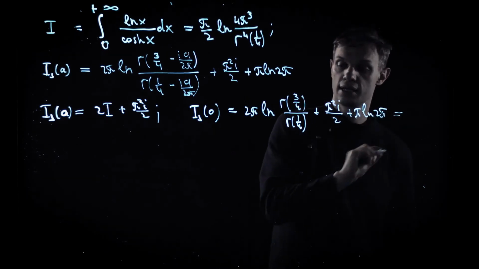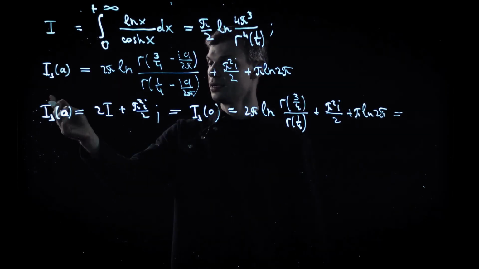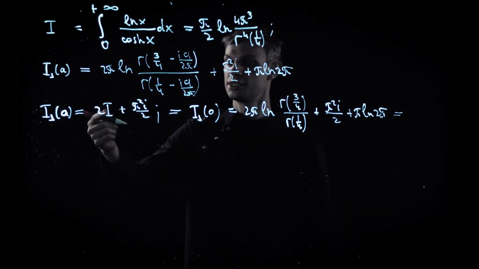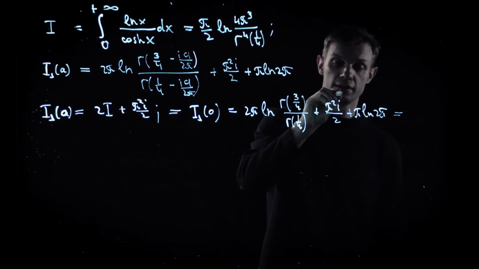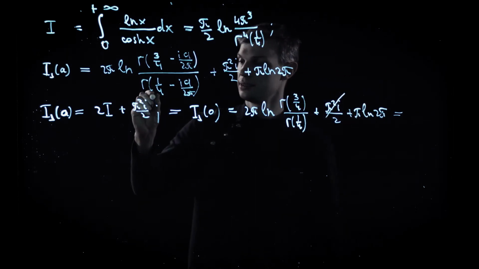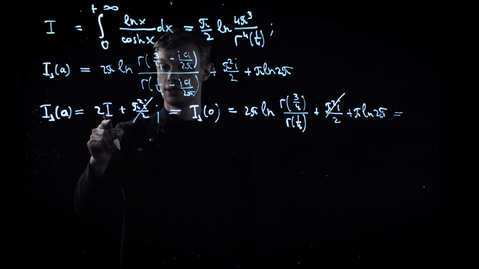This expression should be equal to the original integral, which is just 2i plus pi squared i over 2. As we see, this imaginary part is cancelled, and we recover the expression for the original integral.